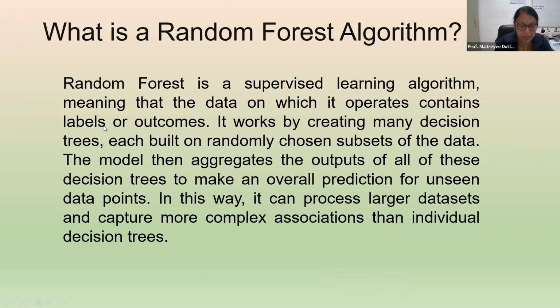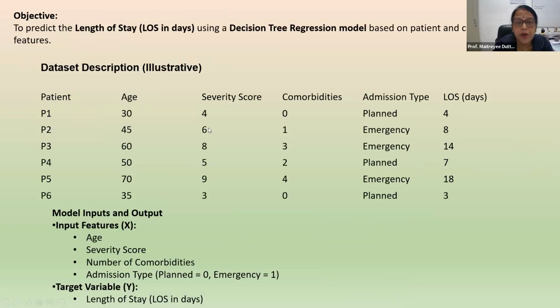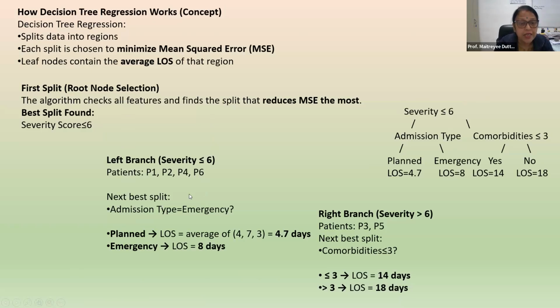Now let us see which patients come under that: patient 1, patient 2, patient 4, and patient 6. These are the 4 patients with severity at most 6.